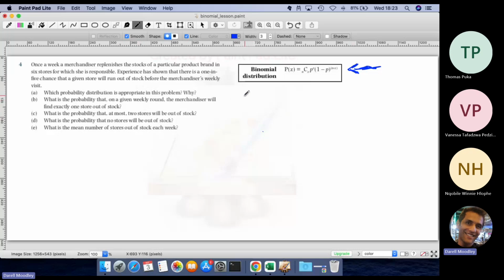What those properties are, basically, are these two properties that I'm going to list now. If you have a random variable that can only take two possible outcomes, in other words, X can be a yes or a no, a buy or a sell.